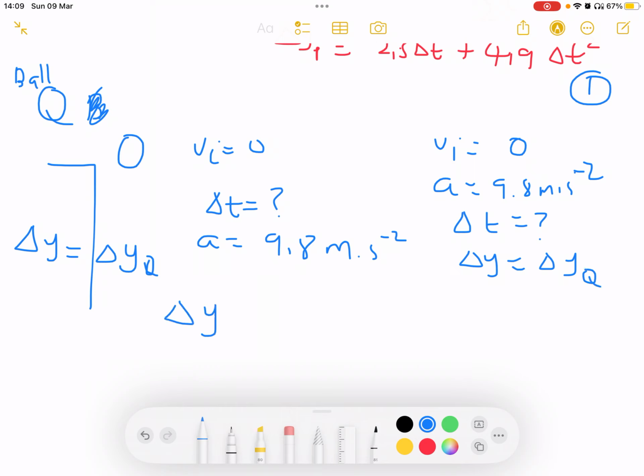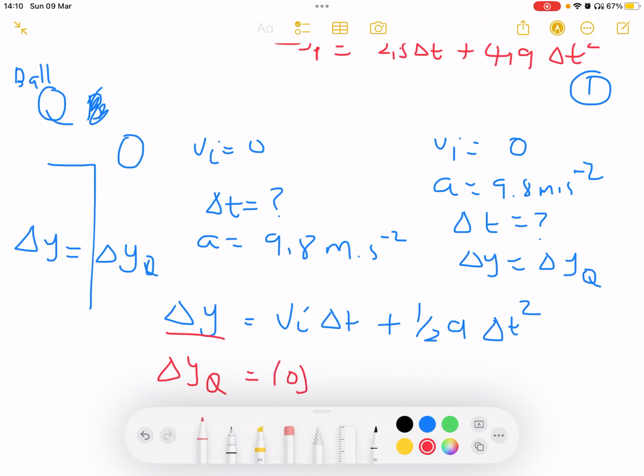We copy it as it is from the datasheet: delta y equals vi delta t plus half a delta t squared. Another thing to note, it's important to use delta y because we are using vertical motion. Our delta y is going to be delta y of Q, of which our vi is 0 times delta t plus half 9.8 delta t squared.